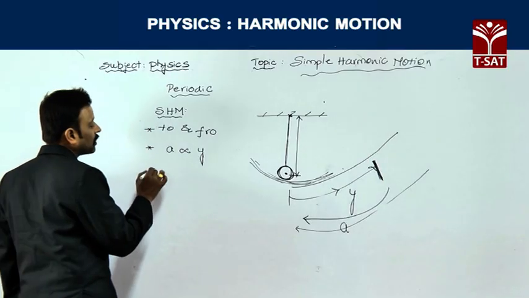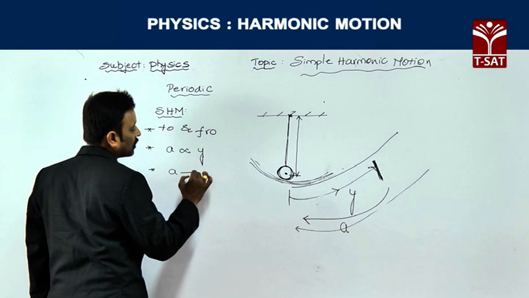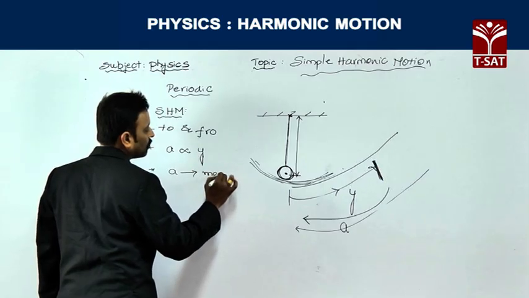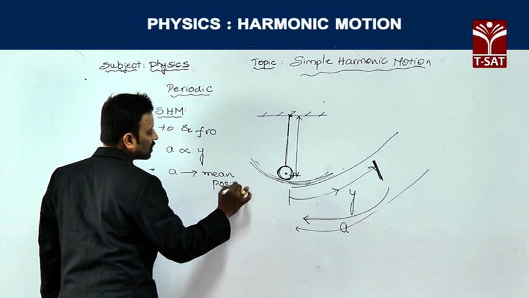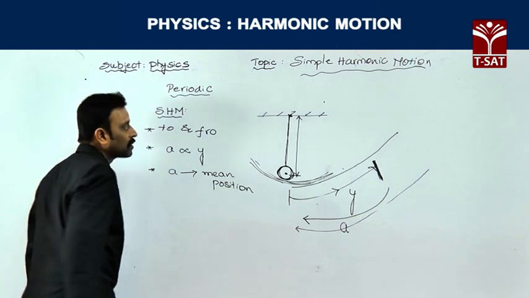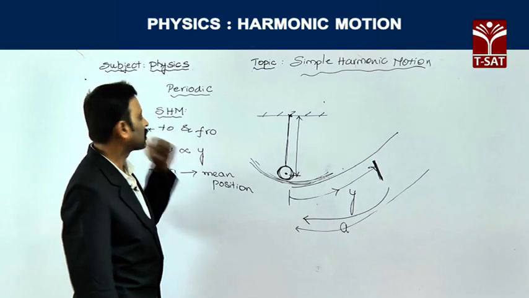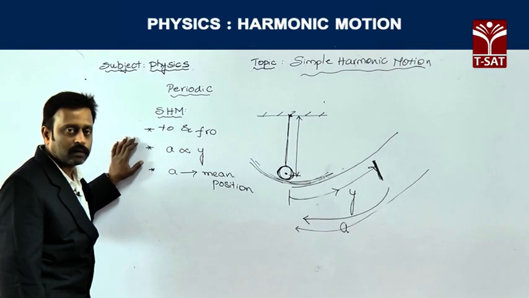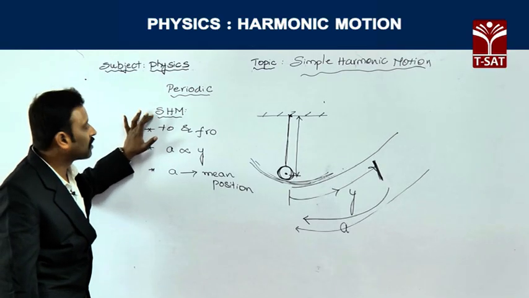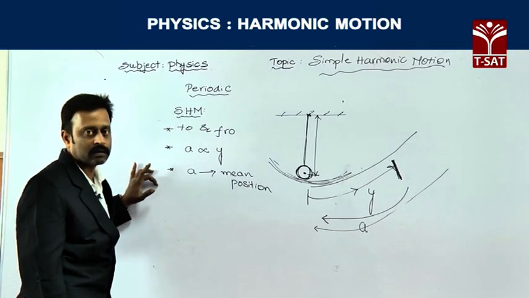The third condition, acceleration is always directed towards the mean position. As all these three conditions are satisfied, we can say that this simple pendulum is said to be executing simple harmonic motion.